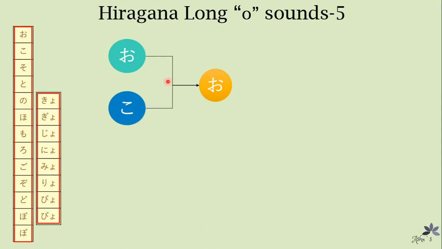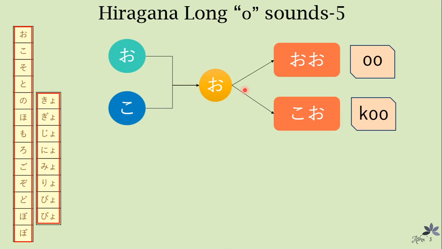To this, when the vowel O is added, it gives us the long O sound. O added to O gives the long sound O, and Ko added to O gives the long sound Ko.